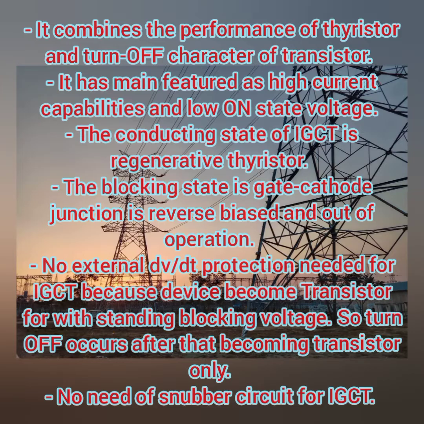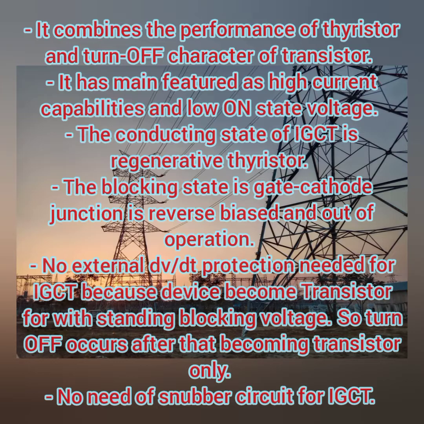Then no external dV by dt protection is needed for the IGCT because it becomes a transistor for withstanding blocking voltage. So turn off occurs only after becoming a transistor. So we don't need a snubber circuit. Normally the snubber circuit is used for your dV by dt protection also.